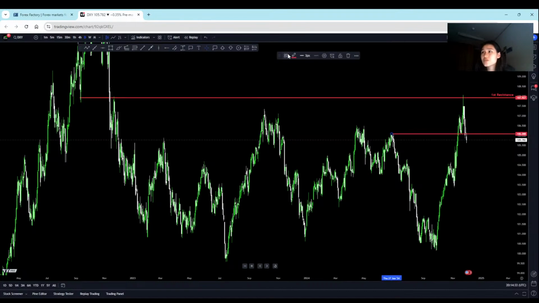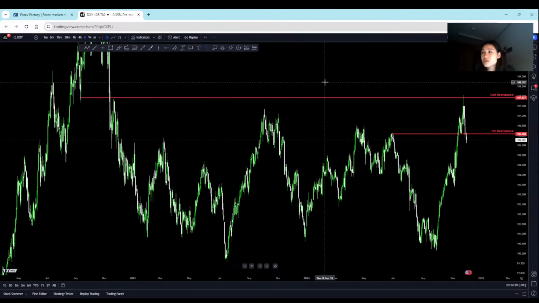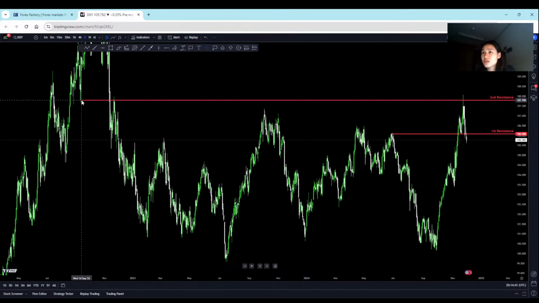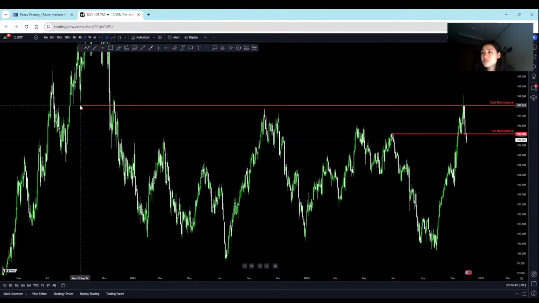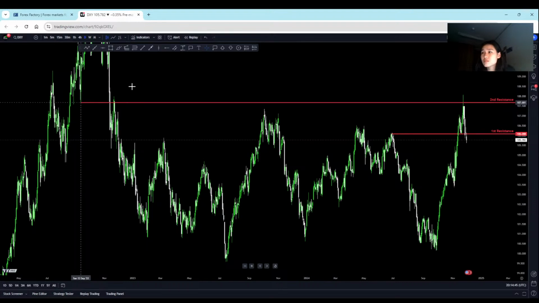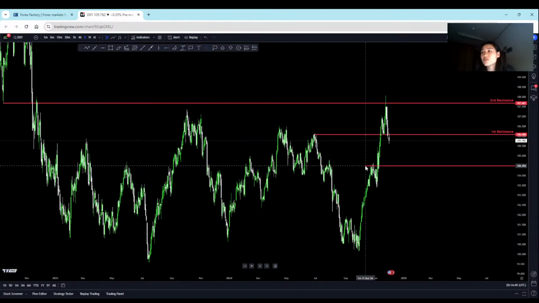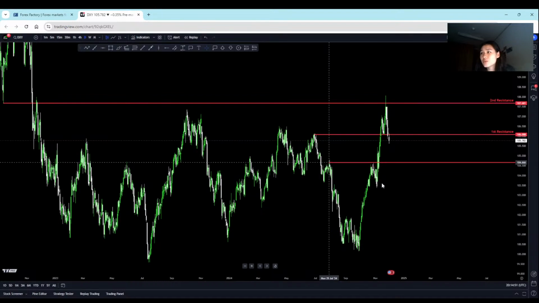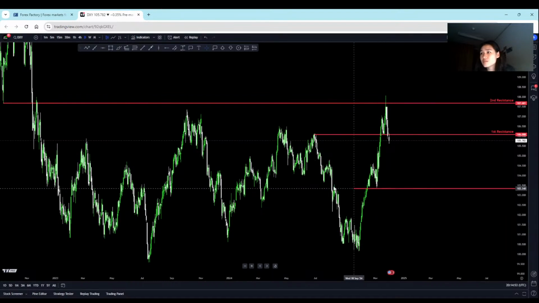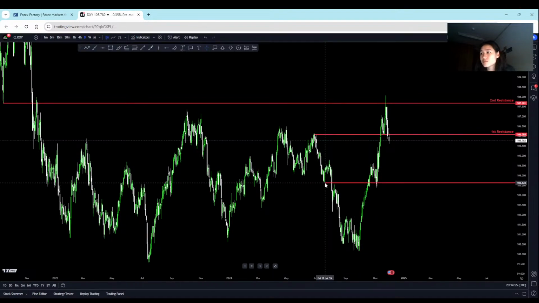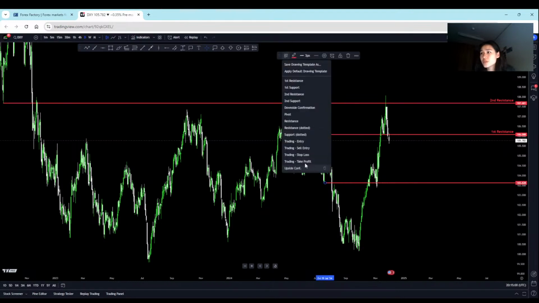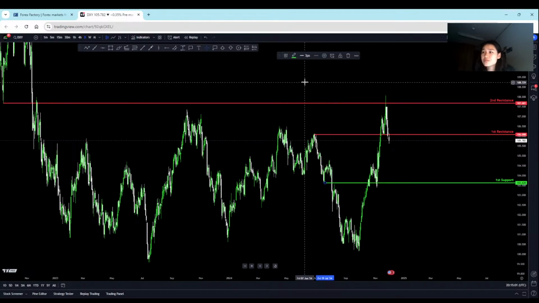Okay, actually this will be my first resistance. This one up here, second resistance. And for my first support, just at this double swing move here.